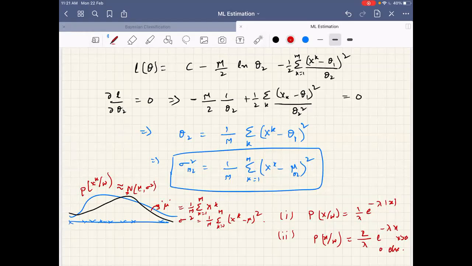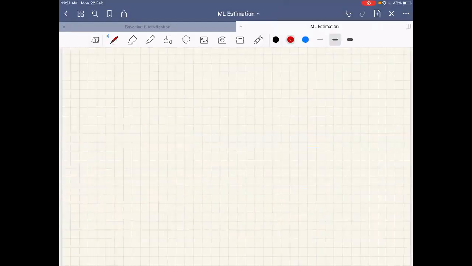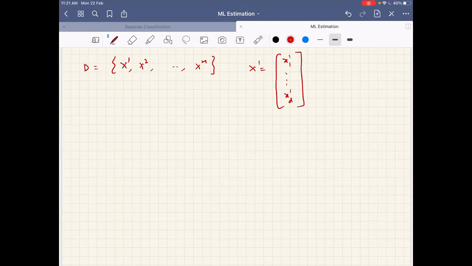Okay, so now let us move on to discussion on the multivariate case. Let the samples now be x1, x2, m samples again, each of them in d dimensions. So all are d-dimensional samples, and we want to estimate the mean and covariance matrix in this case.